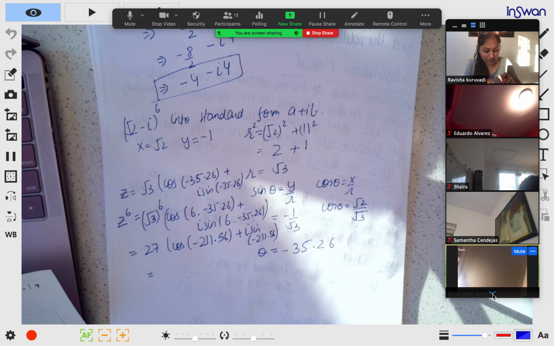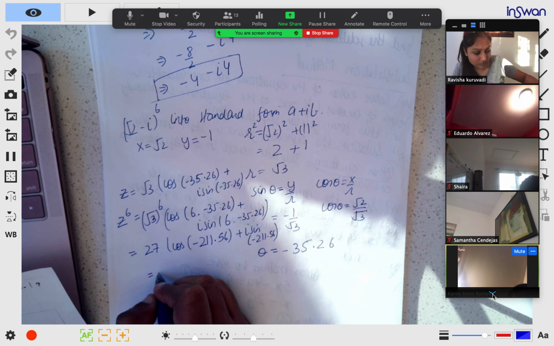Okay, so what is cosine of negative 211.56?